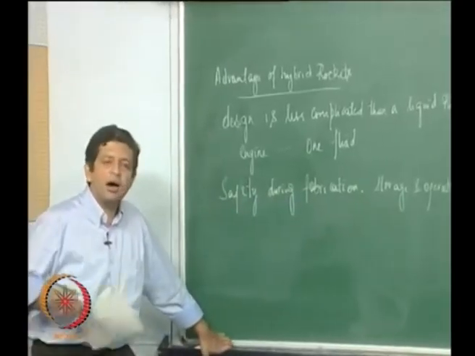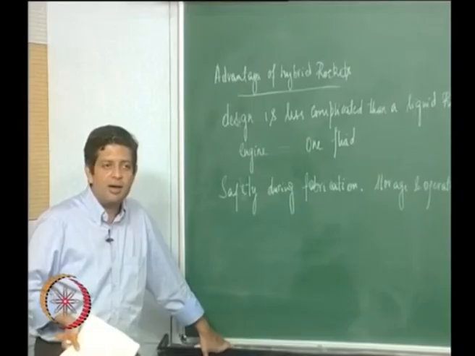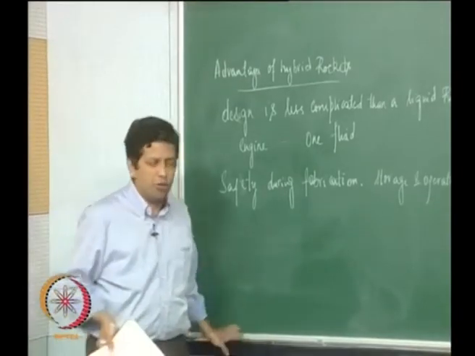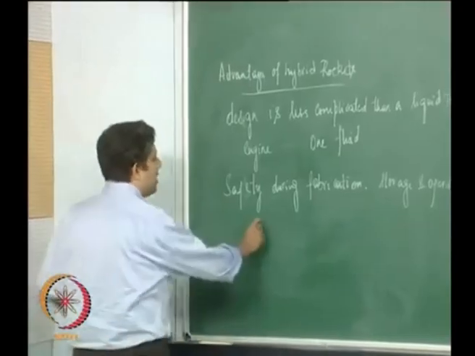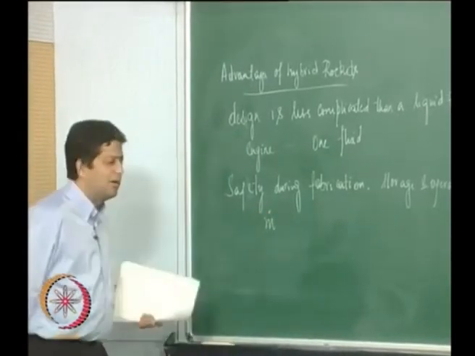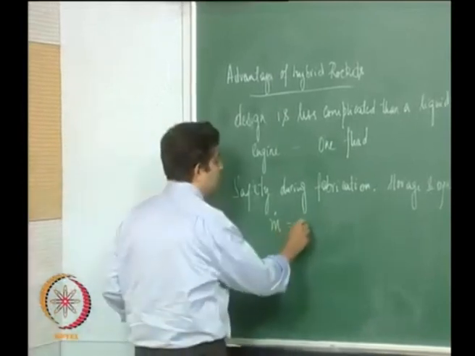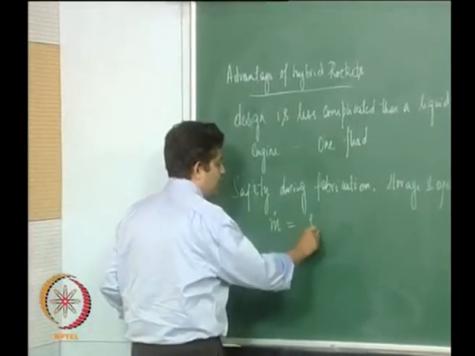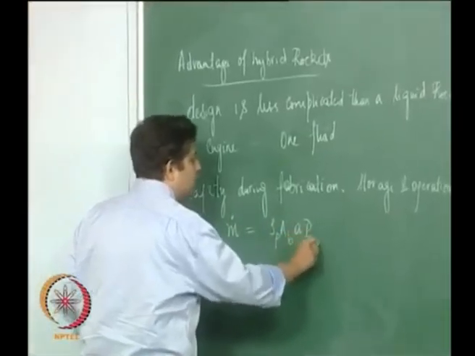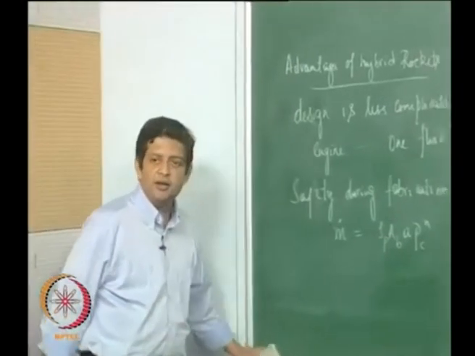If you look at how the mass flow rate is generated in solids, liquids and hybrids. If you look at solids, firstly the mass flow rate m dot is given by rho p a b APC to the power of n. Okay.